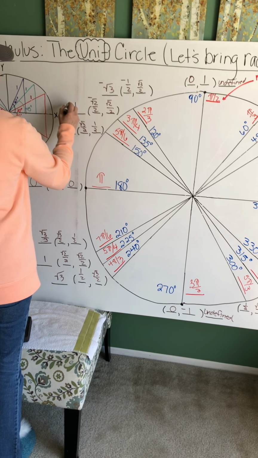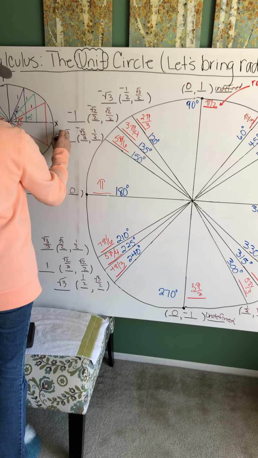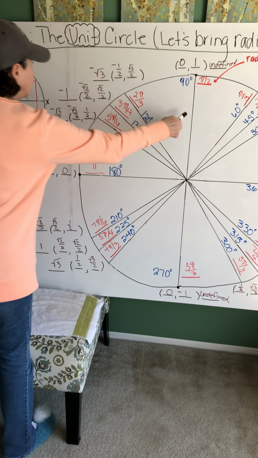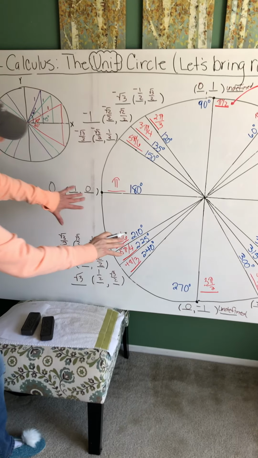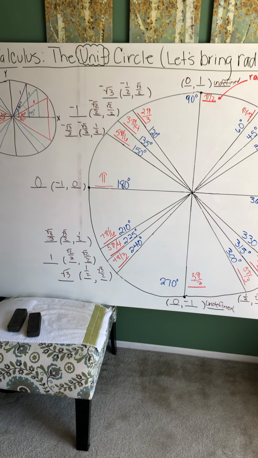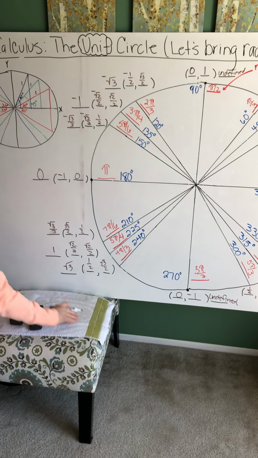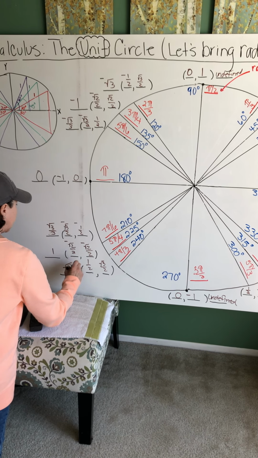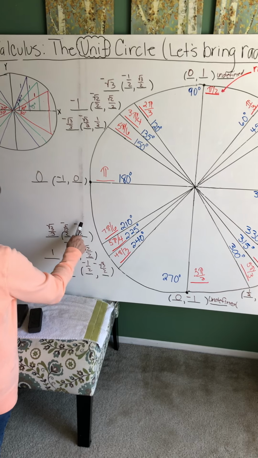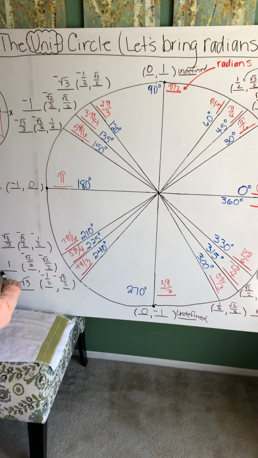So because tangent is y divided by x, and that's a positive divided by a negative, the tangents must be negative also. Let's come on down to the third quadrant. Do you see the x's and the y's are negative? All right, so let's do that. And then tangent is y divided by x, and a negative divided by a negative is a positive.